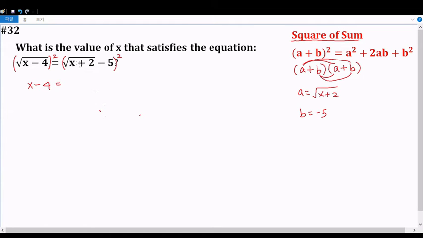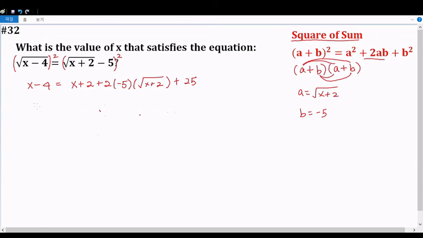If I use the square of a sum rule, then I get square root of (x plus 2) squared, which is just x plus 2, plus 2ab, which is 2 times -5 times square root of (x plus 2), plus b squared, which is -5 squared, equal to 25.